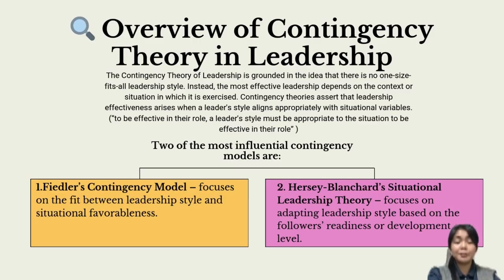However, the limitations of these trait-based and behavior-based approaches led to the development of contingency theories of leadership, which argue that the effectiveness of leadership depends on contextual factors such as leadership styles, followers' needs, and situational variables. This study delves into the contingency approaches to understand their theoretical underpinnings and practical implications.